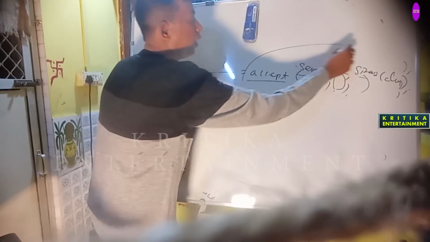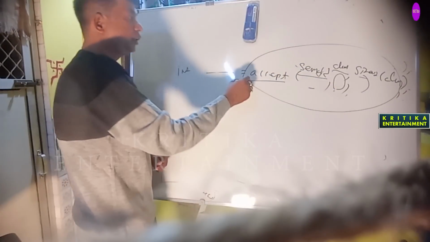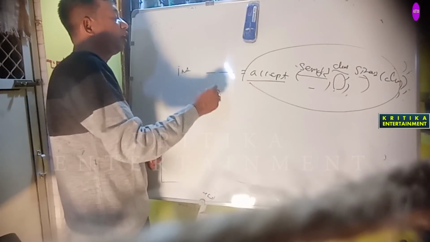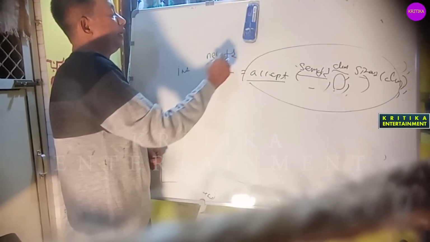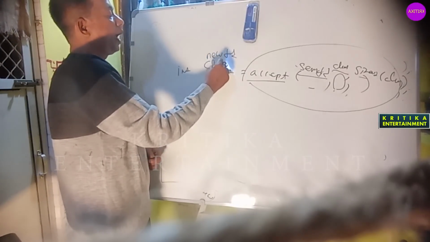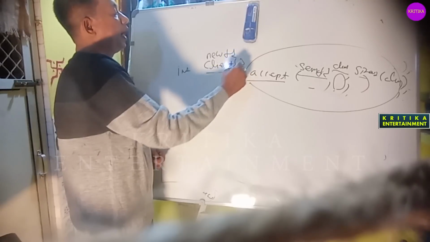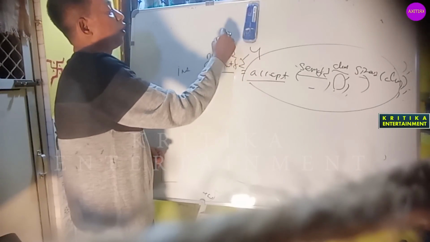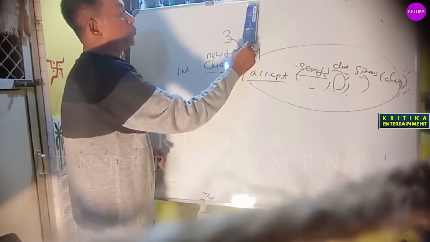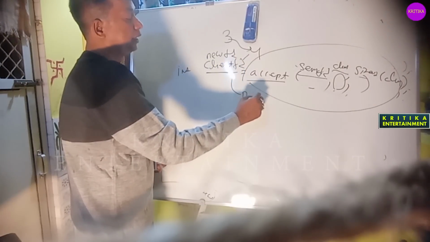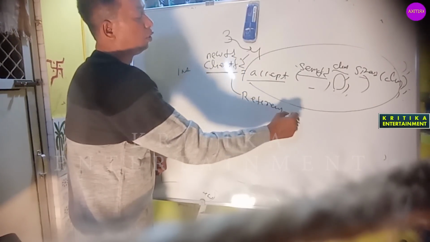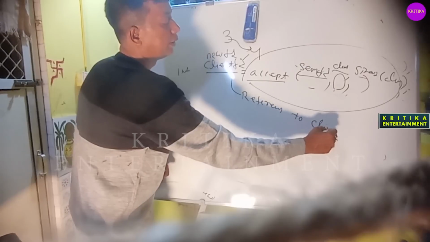Then what is the return of the accept function? It returns one new FD. That is called client FD now, and that value is 4, because the socket is 3 and this value is equal to 4. Then this client FD is the reference to the client.